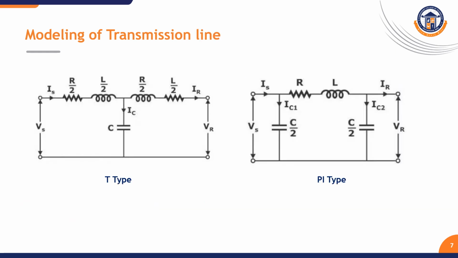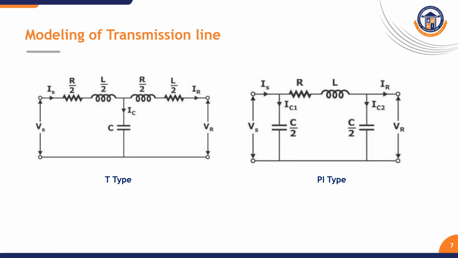Then the transmission line. Normally the medium transmission line is represented in two types, the T type and the pi type. The components of a transmission line are the resistive component, the inductive component, and, between two conductors, the capacitive component. For the T type representation, the resistance and inductance are split in half before and after the capacitance, on the sending end side and the receiving end side.